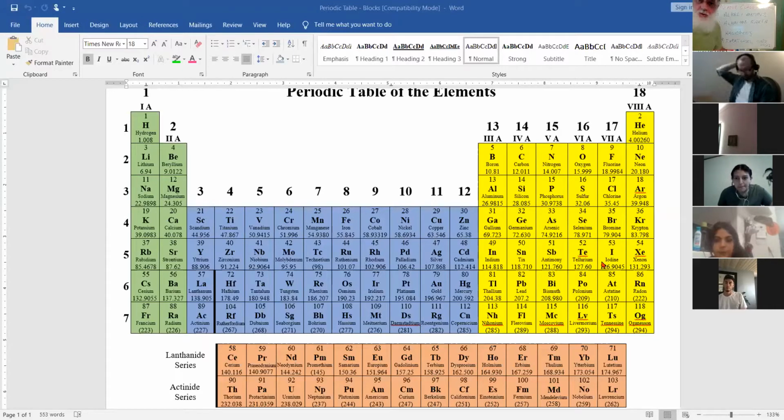He had them by order of increasing atomic mass. As you go from one element to the next, the mass generally does get bigger, but there's a couple of cases where it doesn't, and Mendeleev had them in the wrong order, and it was like that for about 50 years.